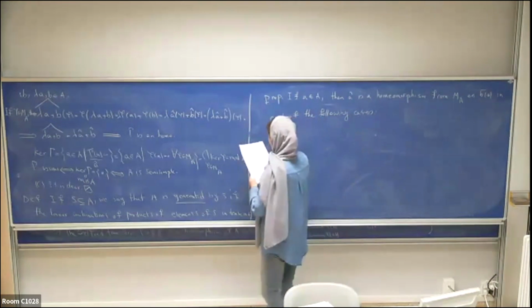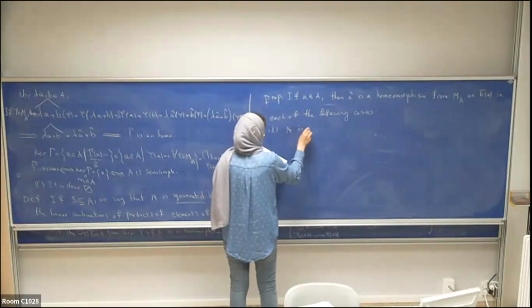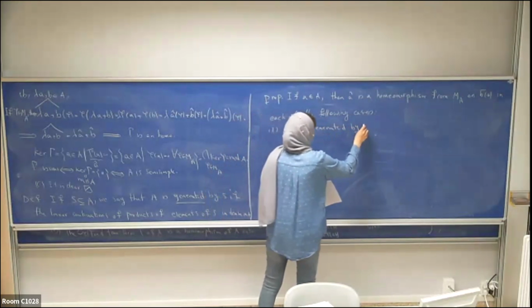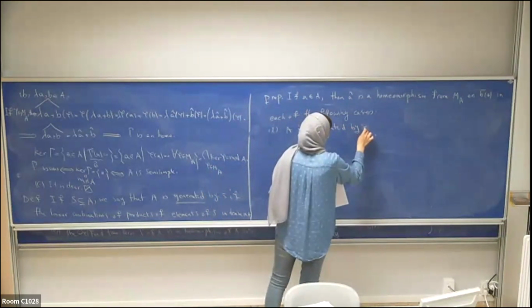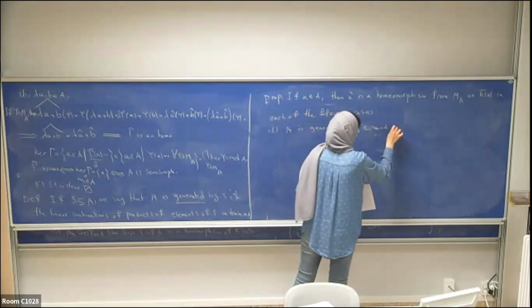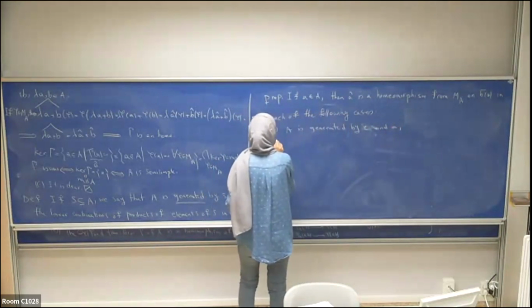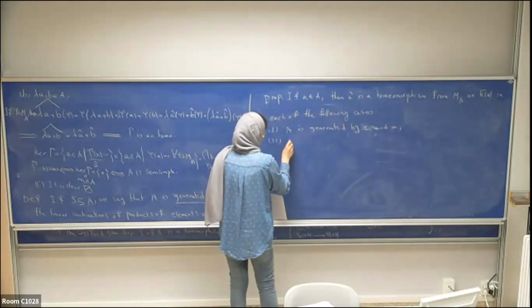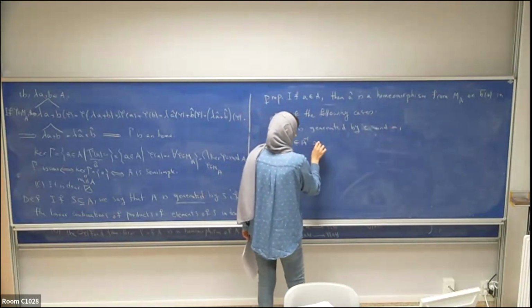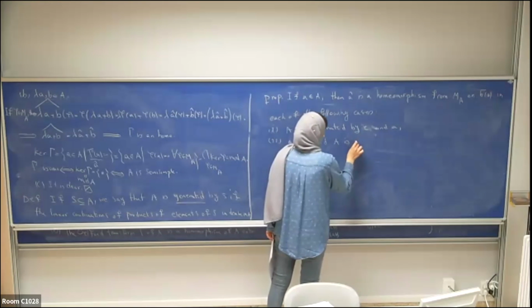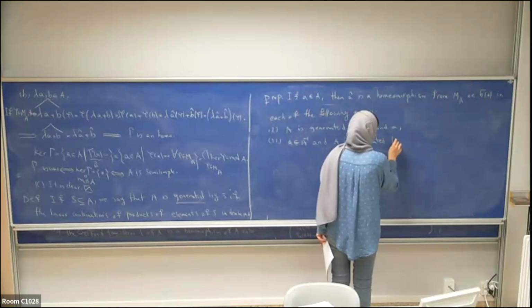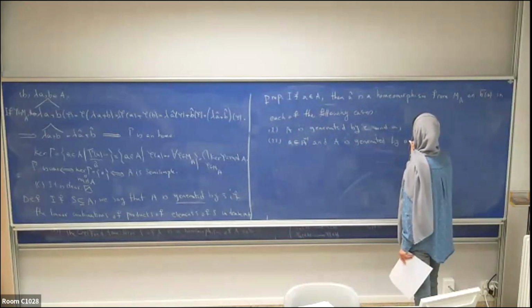First one: if A is generated by just a and e, or a is invertible and A is generated by a, e and a inverse.